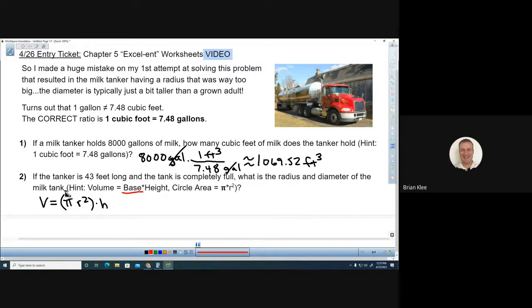Base is right there. I'll put that in red parentheses. Height's right there. Well, we do know the volume. We just got it. That's how many cubic feet. So that's our V.